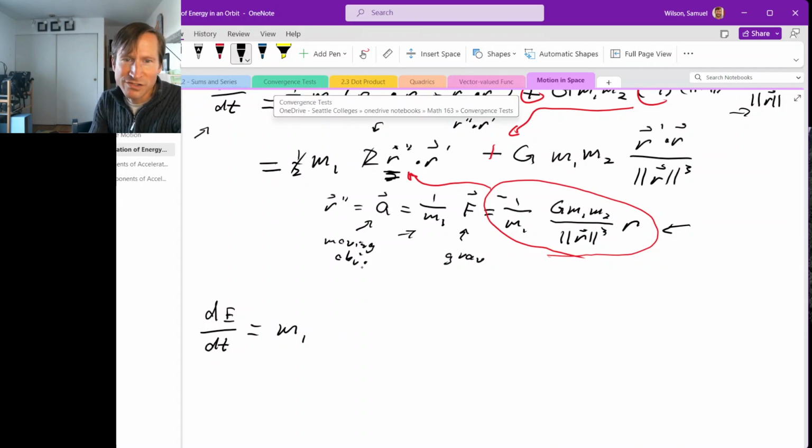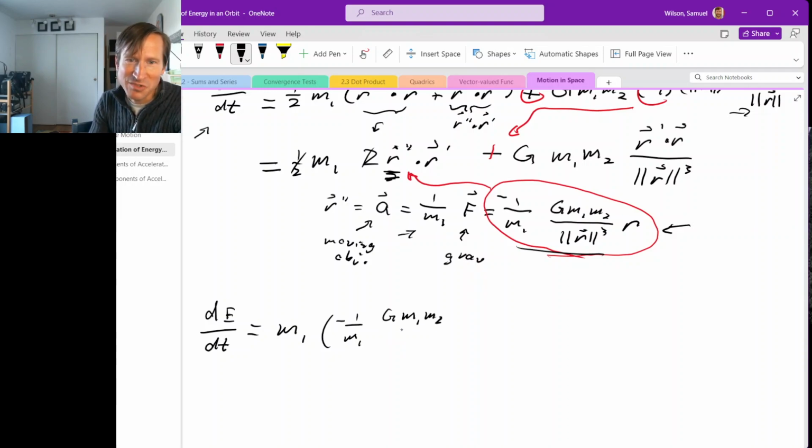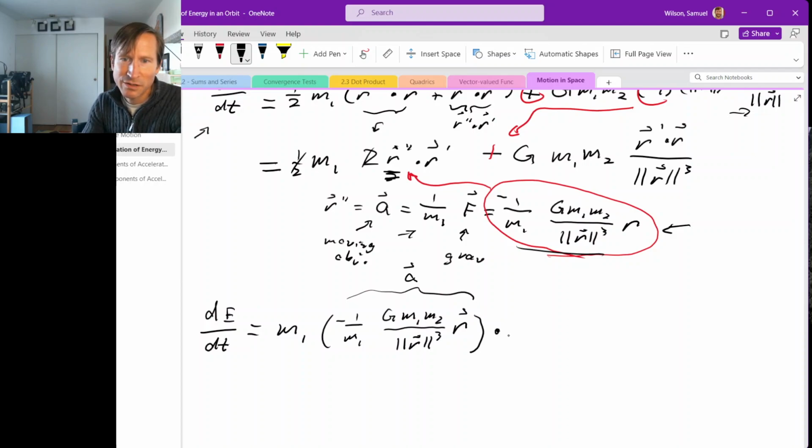So our force, which is this whole mess, so minus 1 over m1 times g times m1 times m2 all over magnitude of r cubed times r.